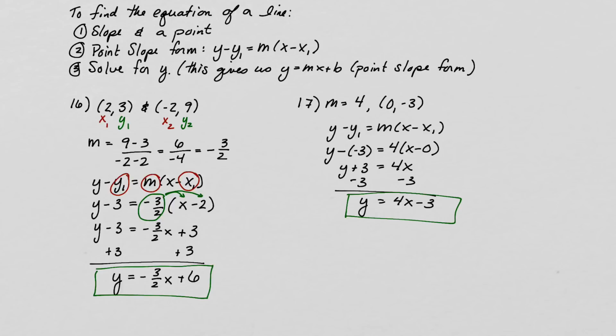So we're going to do some more. Number 18. Oops, let me go back to black here. Again, they give us the slope. m is -1/2, and they give us the point -2, 9. So again, y minus y1 equals m times x minus x1.